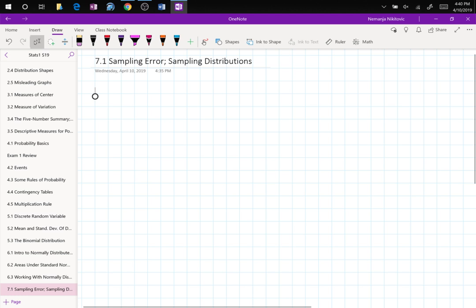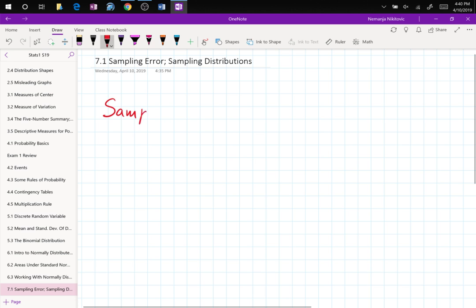And we will show eventually that the mean and the standard deviation of the actual population data can be very well predicted or be the same as the mean and standard deviation of the sampling distribution. So we'll get there. First, we're just going to define the sampling error as the error resulting from using a sample to estimate a population characteristic.